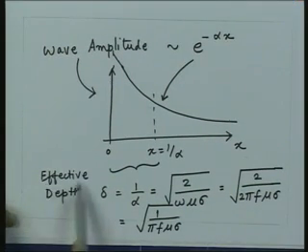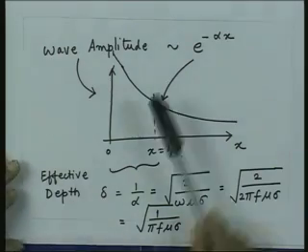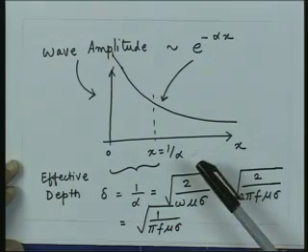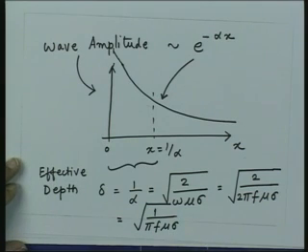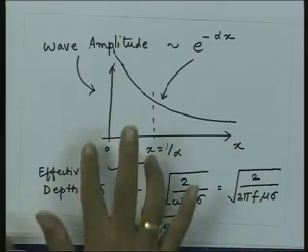So, I have an effective depth of penetration of the electromagnetic wave inside a good conductor that is inversely related to the square root of the frequency. It is inversely related to the square root of the conductivity. So, the higher the conductivity or the higher the frequency, the less will be the depth of penetration.